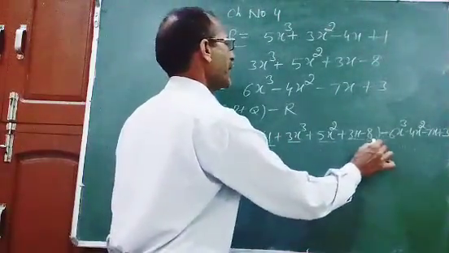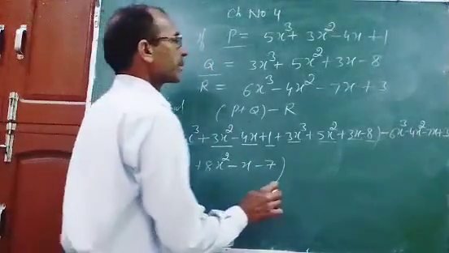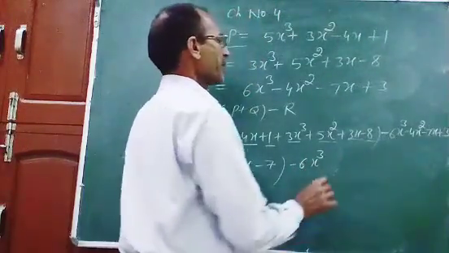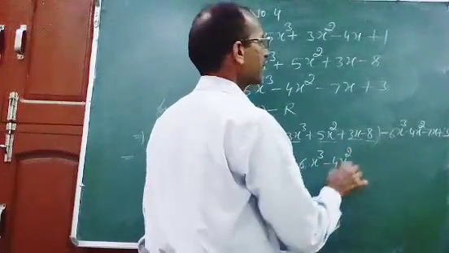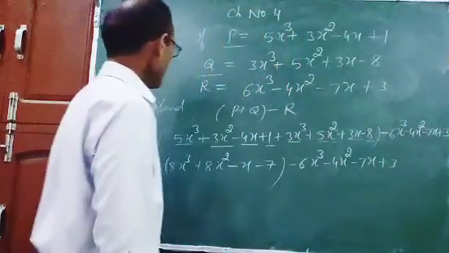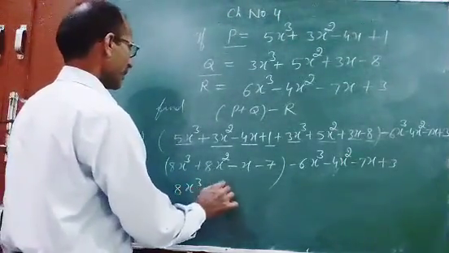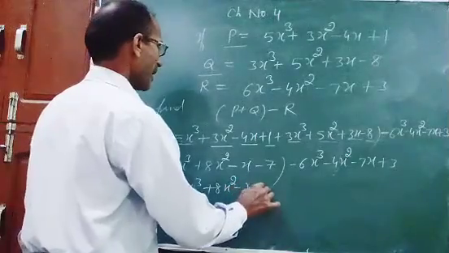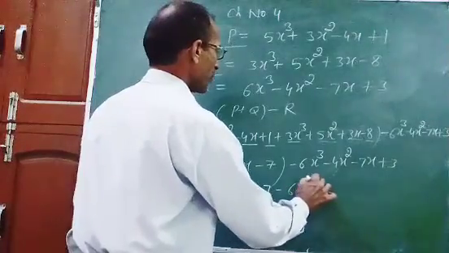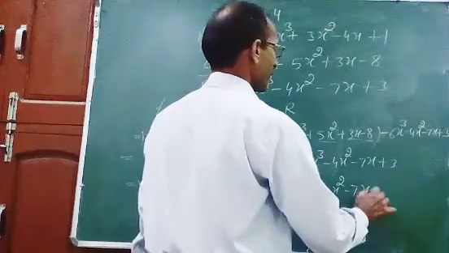Plus 1 minus 8 gives minus 7. So p plus q is 8x cube plus 8x square minus x minus 7, because this is solved. Now minus 6x cube minus 4x square minus 7x plus 3.